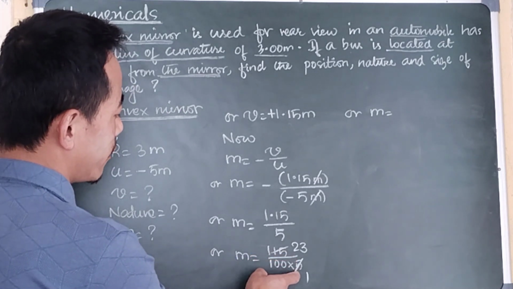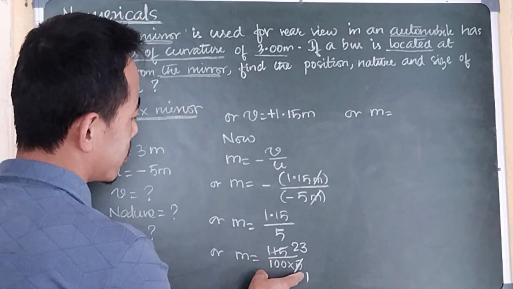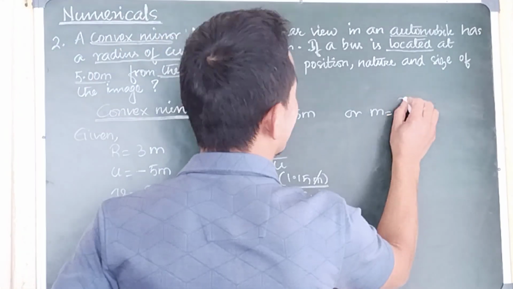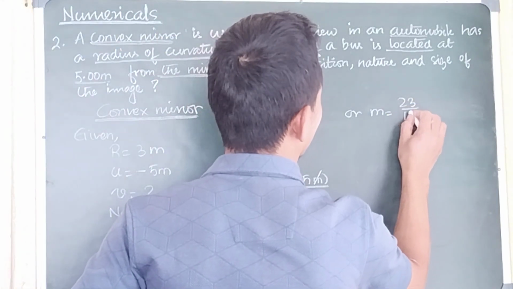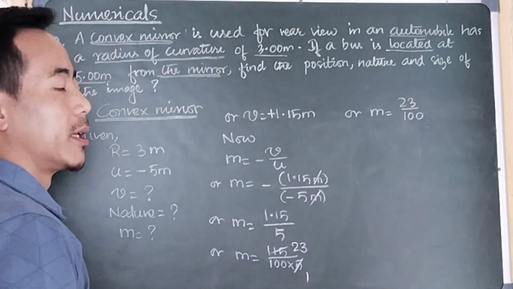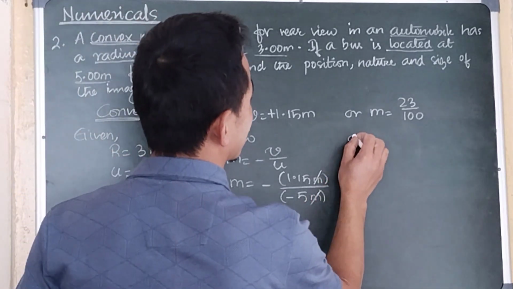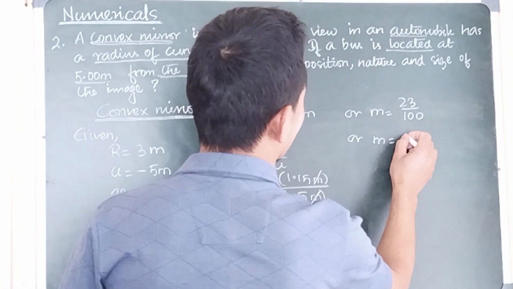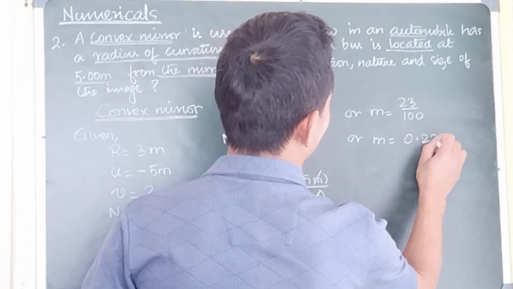So if you divide 5 and 115, it becomes 23, and here you will get 1. So you will get 23 divided by 100. Now 23 divided by 100, you can simply write it as m is equals to 0.23.